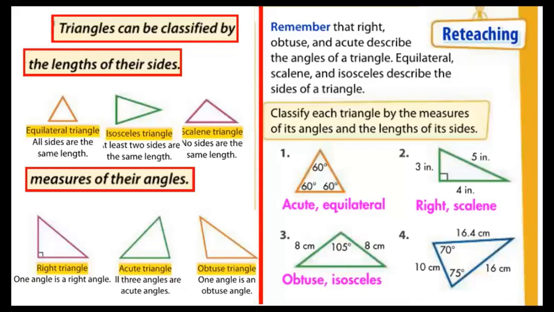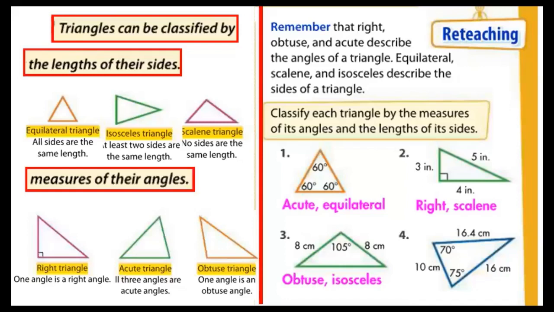In number 4, the blue triangle contains two sides equal in length. Oh, no, zero sides are equal in length. I'm confused here. 16.4 is not equal to 16 centimeters; 16.4 is more in length. And the third one equals 10. So we have zero sides equal in length. 16.4, 16, and 10 are not equal in length.